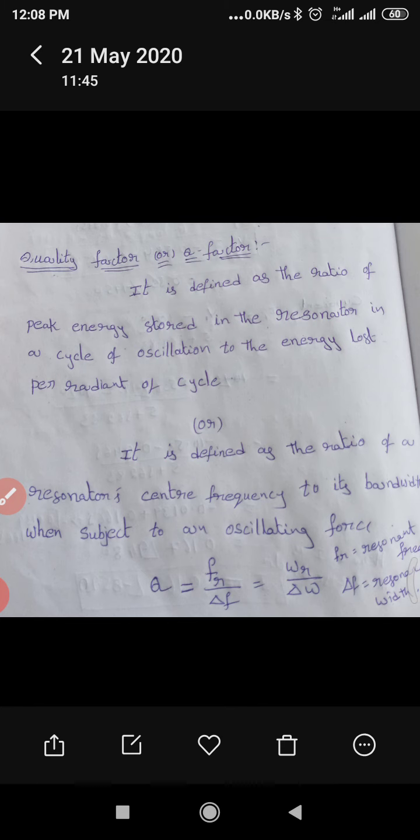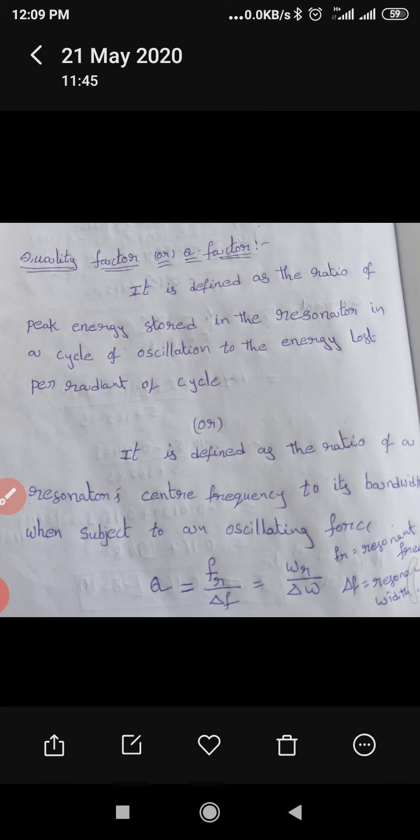For example, some basic concepts: if the quality factor is very low, then the system is called an overdamped system. That means oscillations are not possible. If the quality factor is high, then that system is called an underdamped system.